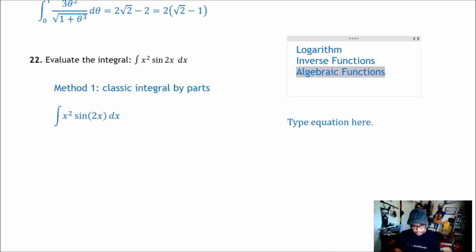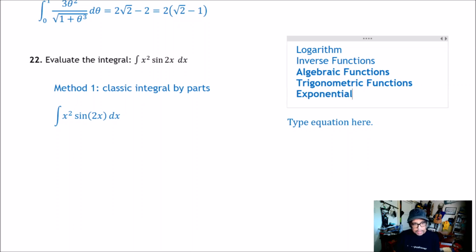We actually have an algebraic function. And then we have T, trigonometric functions, and that's one that we have also. And then lastly, E is exponential functions. That's going to be our last choice. We don't have an exponential function here.